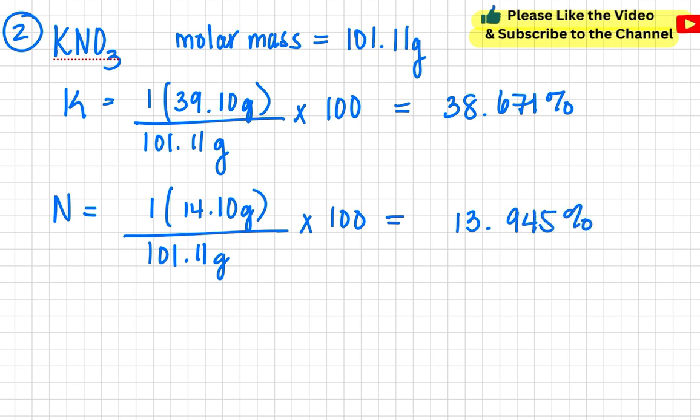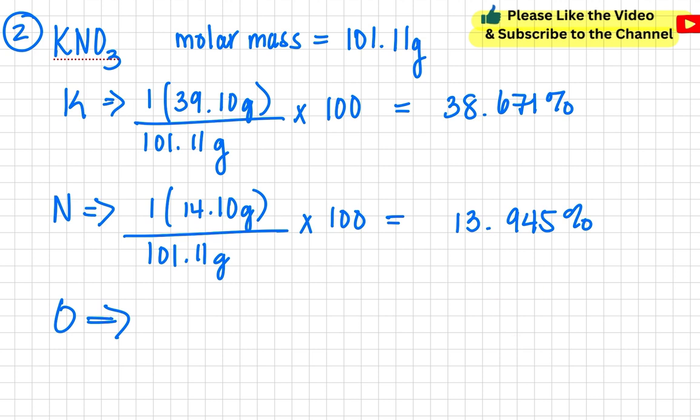Now for nitrogen, 1 times 14.10 grams over 101.11 grams times 100 is going to come out to 13.945%. Now, we can do the oxygen term and find it, but you can also deduce that if you add these two, and we know that it's all supposed to equal 100%, we can figure this out. So really quick, I'm going to do the math on that.